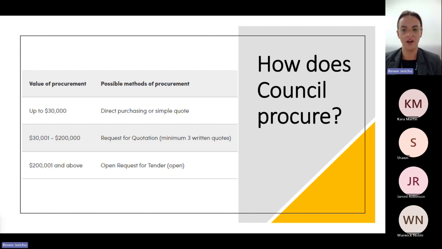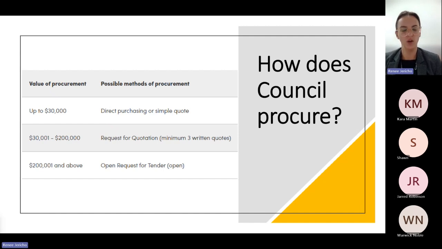For higher value, higher risk and more frequent purchases, council will seek quotes, a minimum of 3, up to the value of $200,000. This might be a request for a simple price-based quote or an invitation to submit offers, which will then be evaluated against a set of predetermined evaluation criteria. And an open request for tender is required for purchases over the value of $200,000.